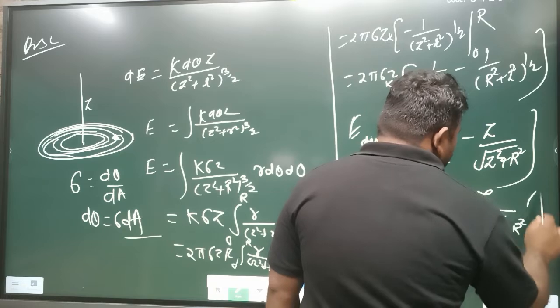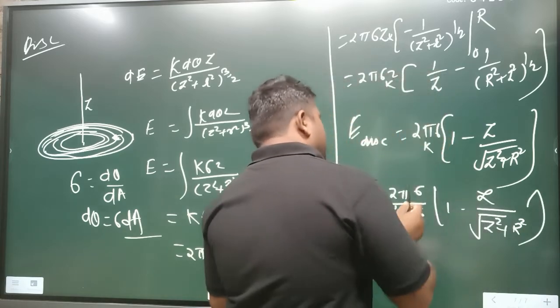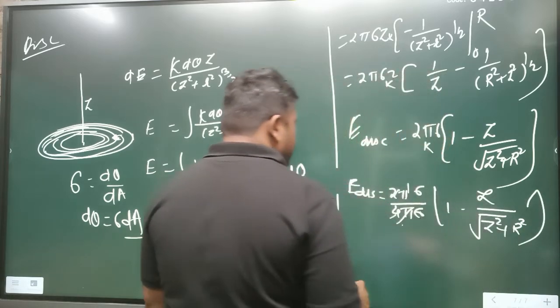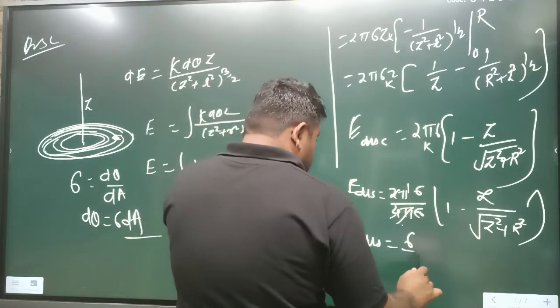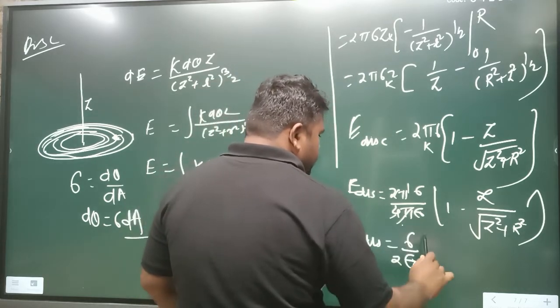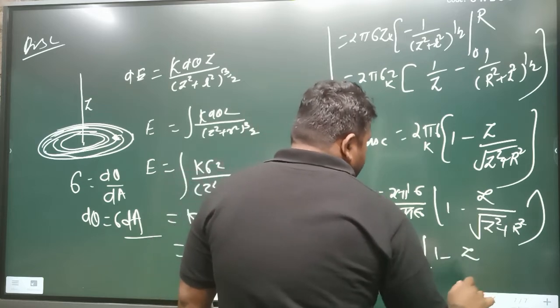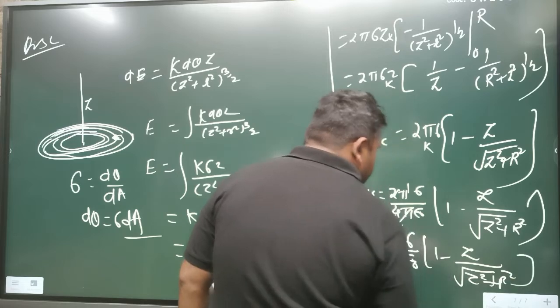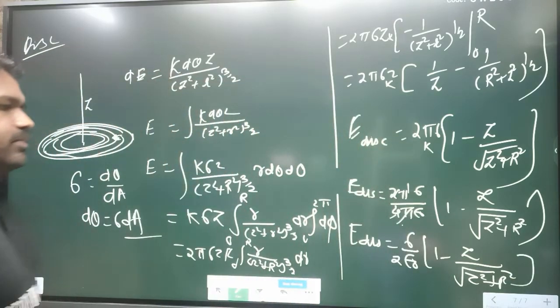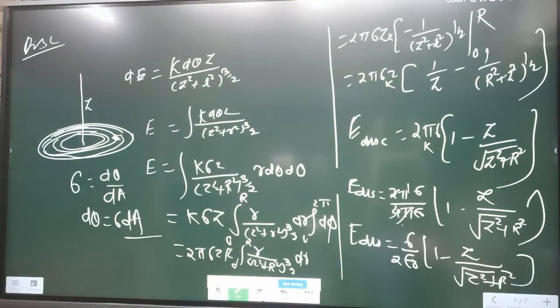Pi gets cancelled, 1 to 2 gets cancelled. E disk is equal to sigma upon 2 epsilon naught, 1 minus z upon under root z square plus r square.